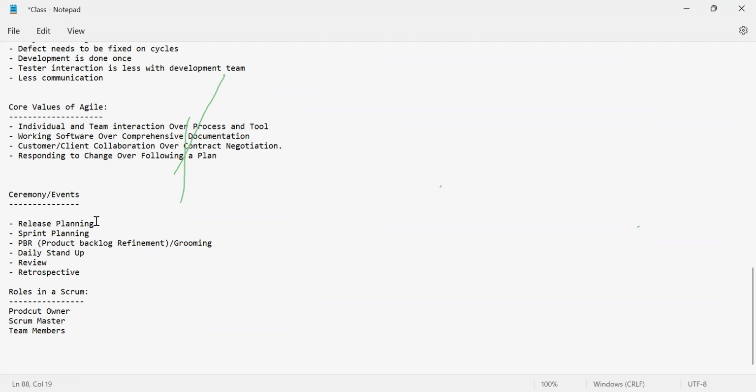Waterfall model or any traditional model takes years together for clients to see the product. But here at least a small functionality of the product can be seen in the next 2 weeks. Here what we thought is, accounts and security and chat will be released during the first phase.